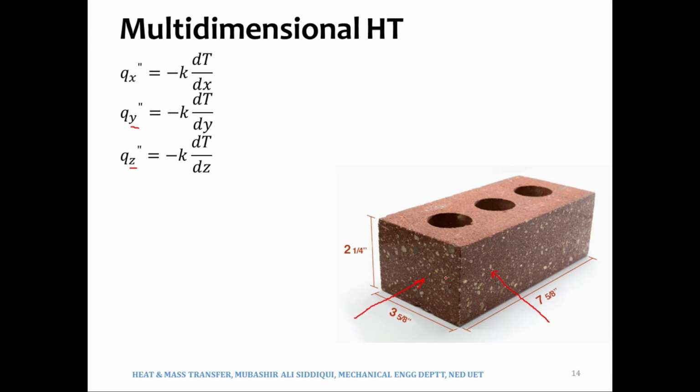You may notice that the area in x direction is not the same as the area in y direction. The area in x direction is in fact 3 by 2, because when we say Q is minus kA delta T over delta x, then A is the area which is normal to the direction of heat flow.